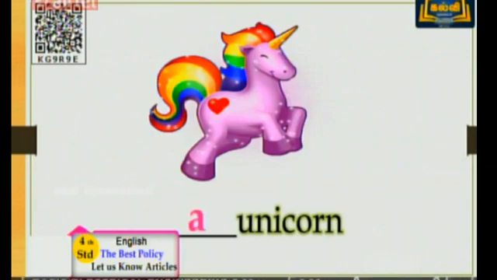Is it clear for you? So I think you very well understood the usage of the articles A and an. So when the word sounds with A, E, I, O and U, you have to use the article an. For other sounds, you have to use the article A.